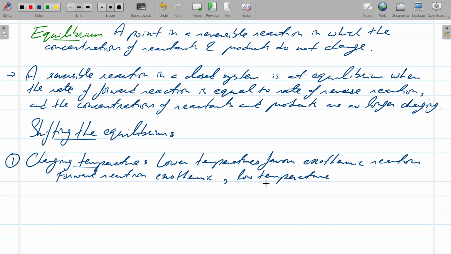And so having a high temperature would actually cause the products to go back towards the reactant side. So they'll split or rearrange or whatever's happening, and you'll have more of the reactants forming and less of the products. So if there's a high temperature, the reverse reaction is favored.